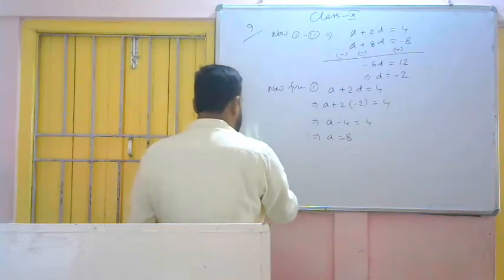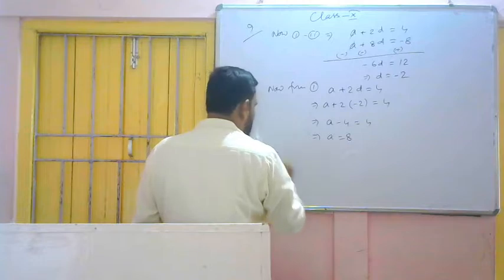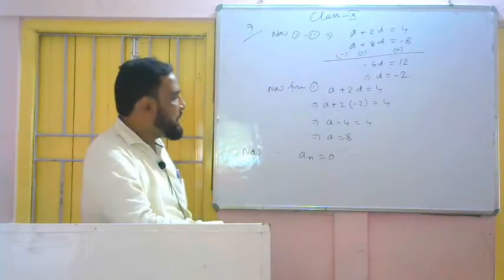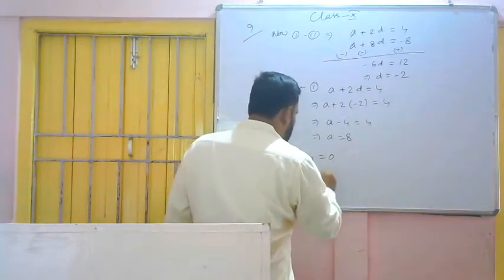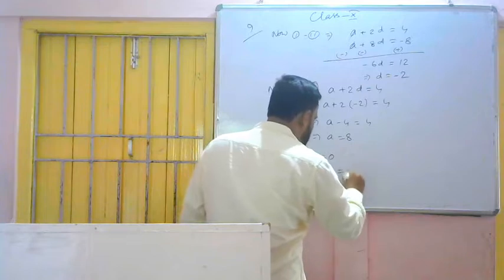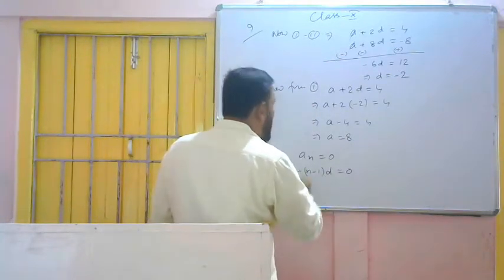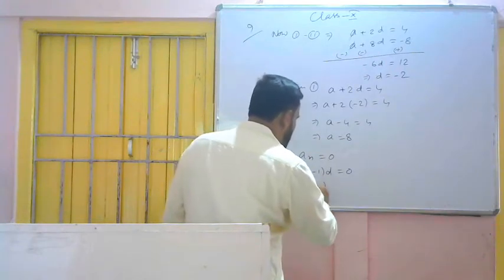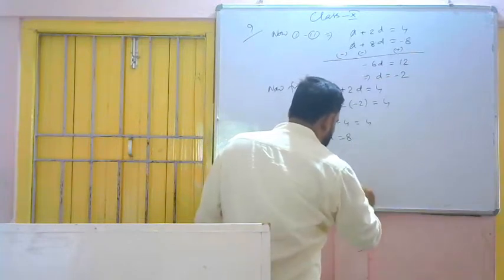Now since AN is equal to 0, what is the main formula of AN? A plus N minus 1 into D is equal to 0. Now put the value of A and D. What is the value of A? 8 plus N minus 1 into, what is the value of D? Minus 2, is equal to 0.